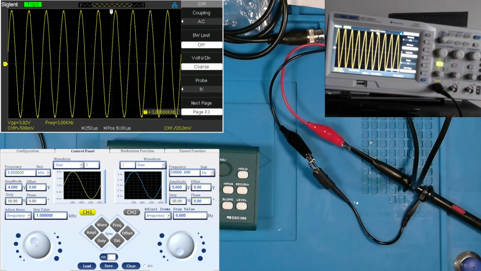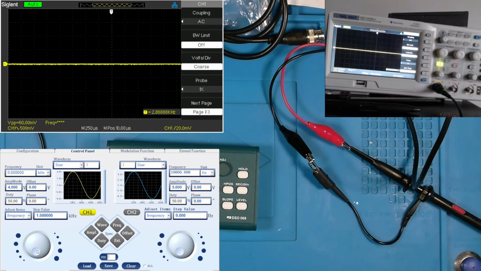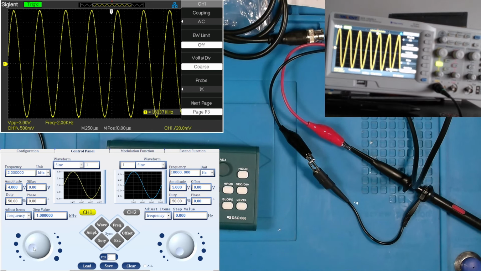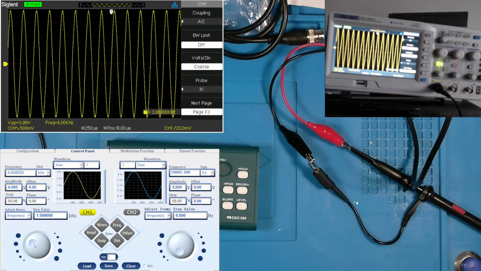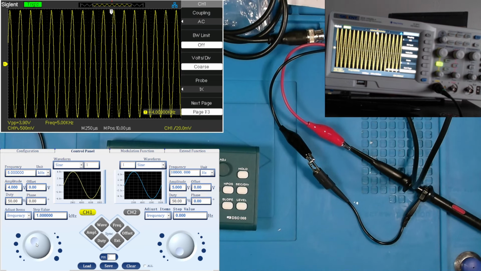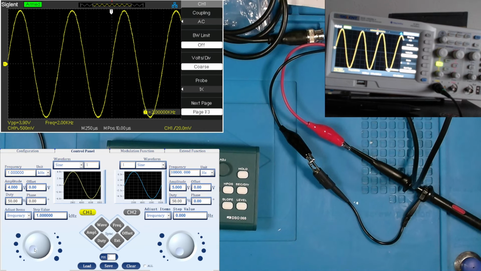And you see what occurs when I start decreasing and increasing that frequency. My wavelength gets a lot shorter as I increase frequency, and my wavelength gets longer as I decrease frequency.